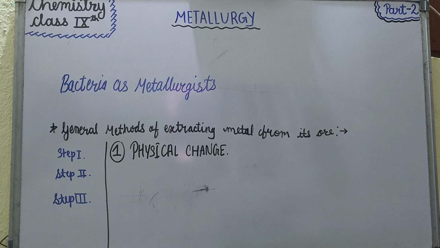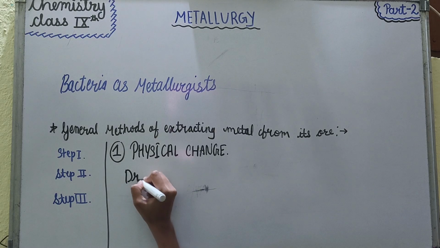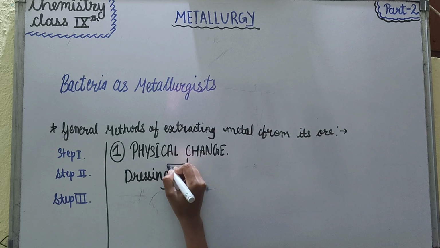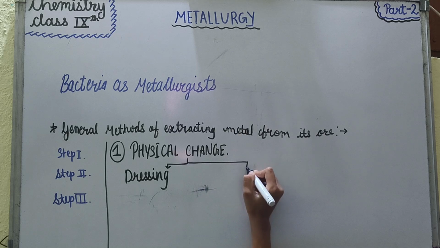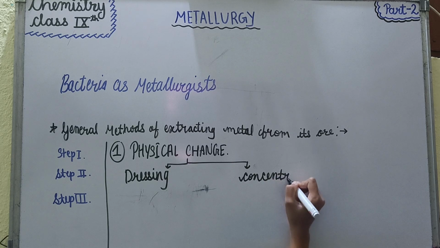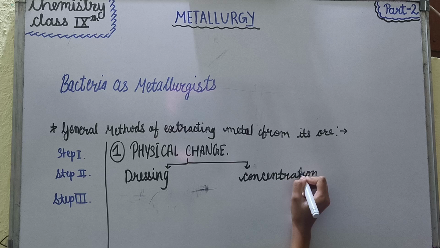Types of physical change are dressing and concentration. Dressing means it is a process by which large particles of the ore are broken into small particles. Ore is crushed or ground to make its grains smaller.